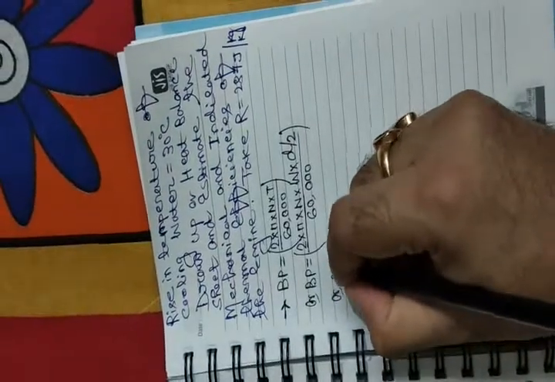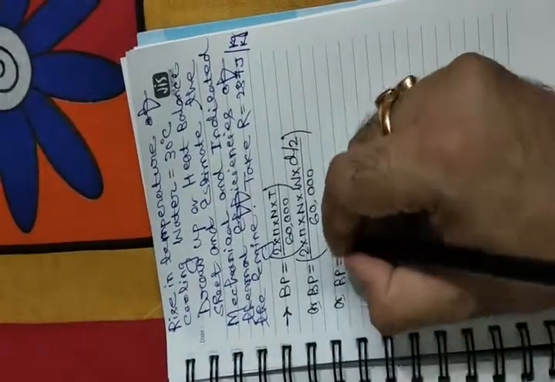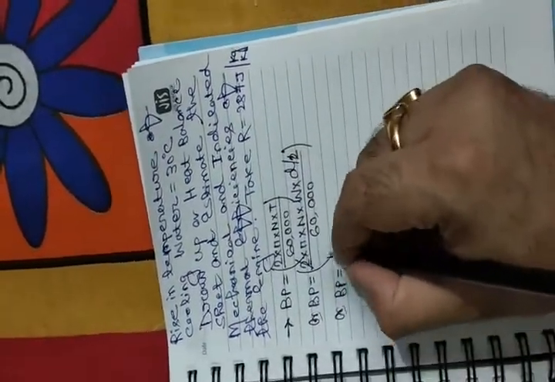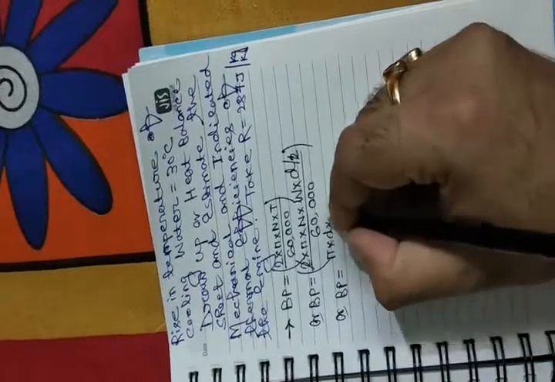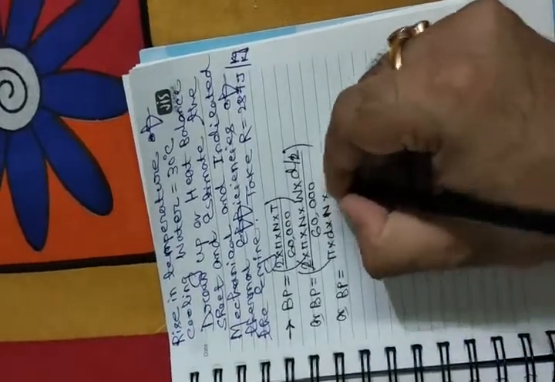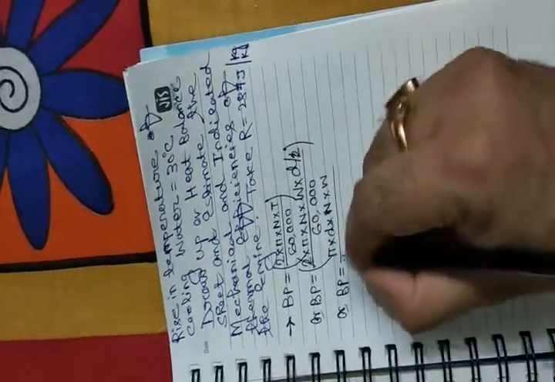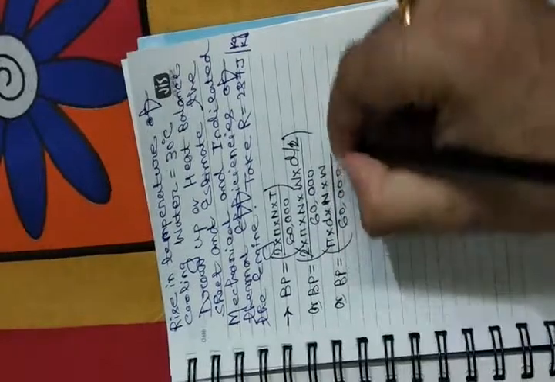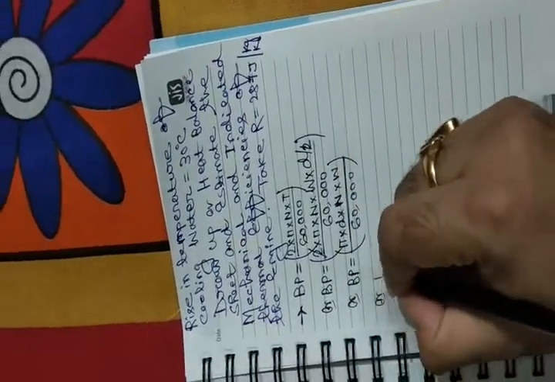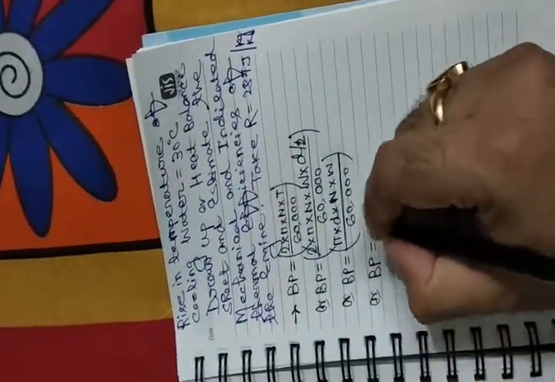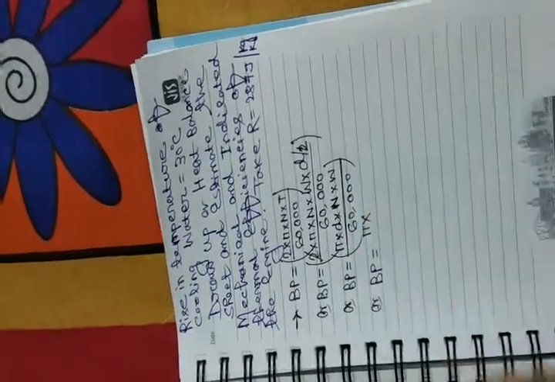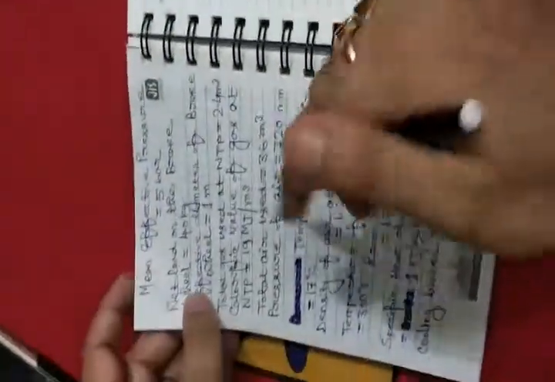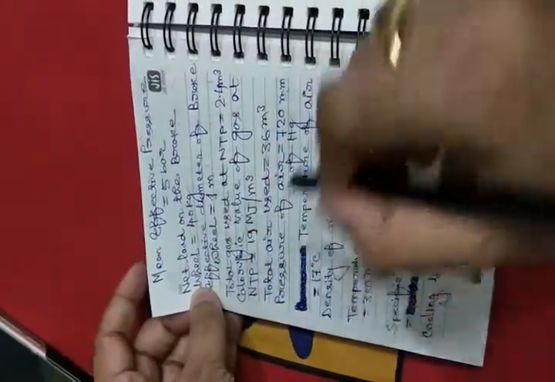So brake power, from here 2 will be cancelled out, so it will be pi into D into N into W by 60,000. So now brake power is pi, D is the effective diameter of the brake wheel, that is 1 meter, so it will be 1.